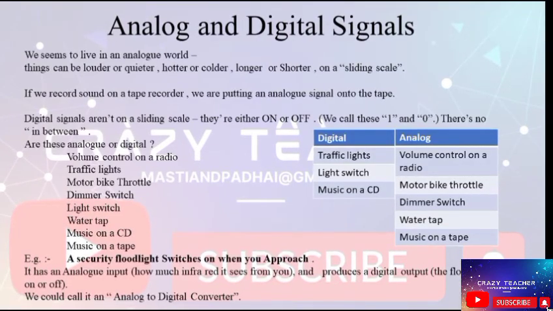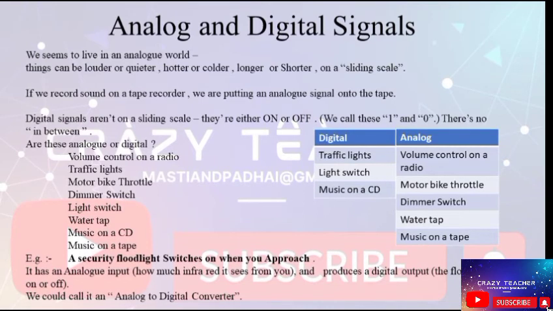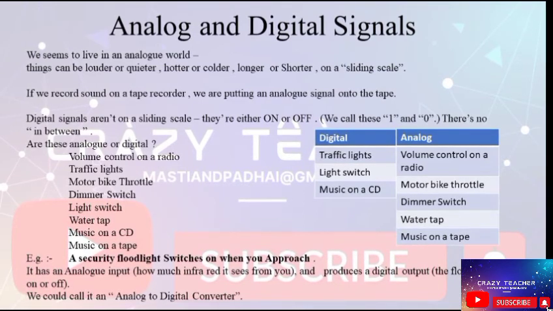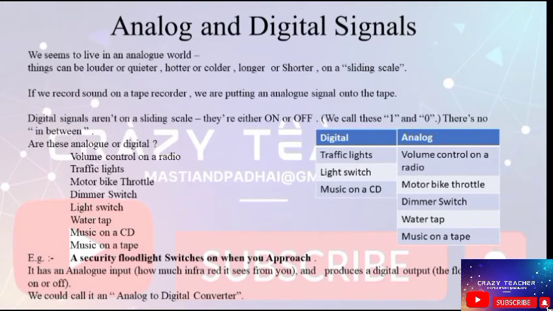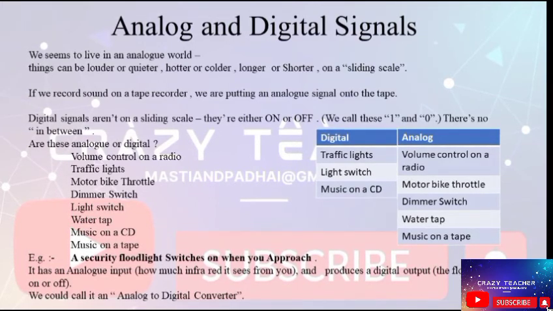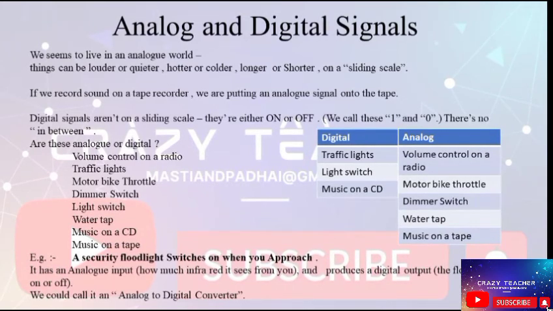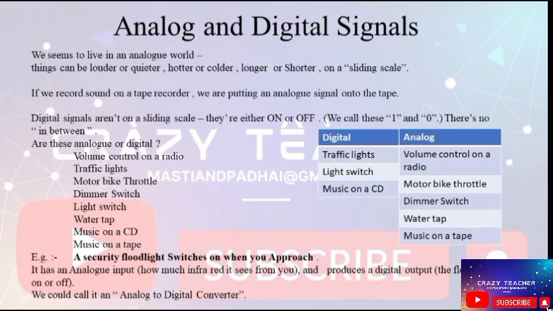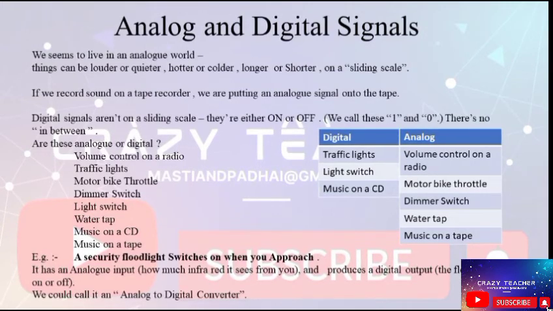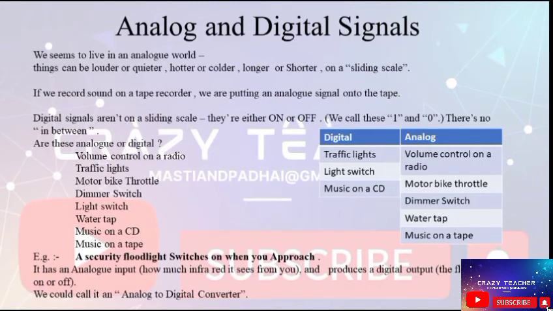The volume control on a radio is an analog signal. Traffic lights are either on or off, so they are digital. Green, red and yellow, either they are on or they are off. Motorbike throttle, the amount of fuel injected into the system, is an analog signal, because as we turn this accelerator, it puts in more and more fuel.